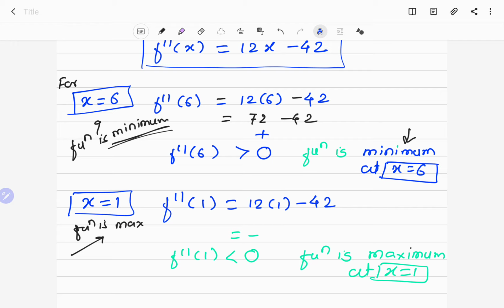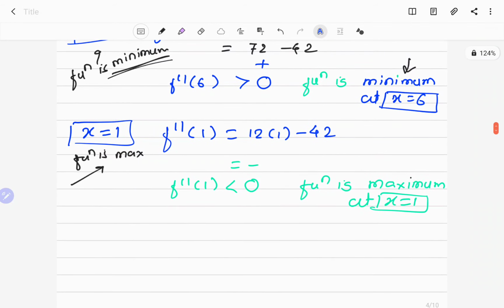Understand this: if the double derivative is positive, then the function is minimum at that point. And if you substitute x equal to 1, at the end we got the double derivative negative, and if the double derivative is negative, then we say maximum occurs at that point, x equal to 1.